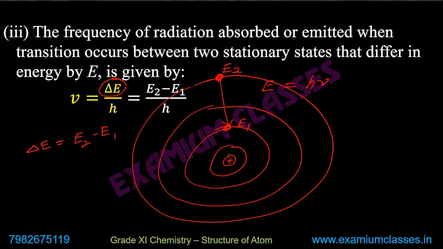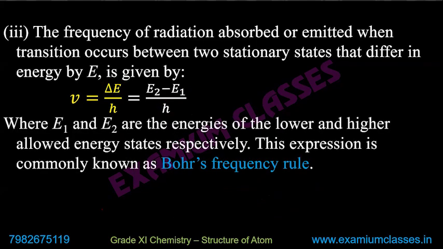This much energy will be released. So energy released here is delta E. That's why delta E equals to h nu, where h is the same thing. So nu will be delta E by h. This is also known as Bohr's frequency rule.